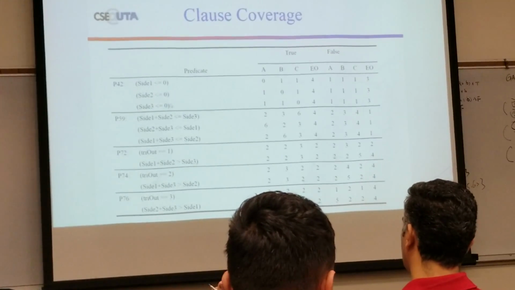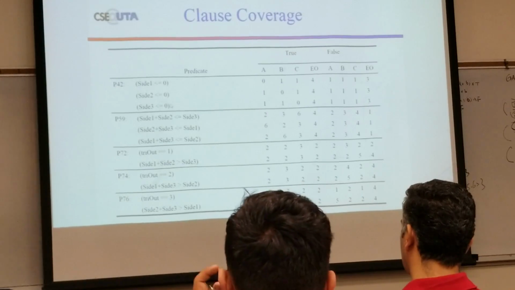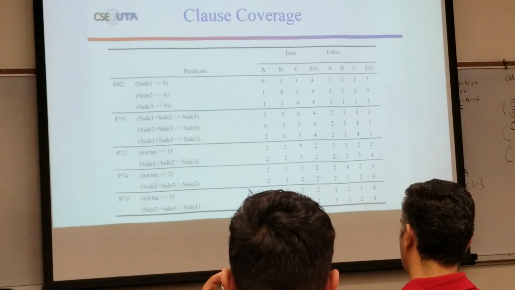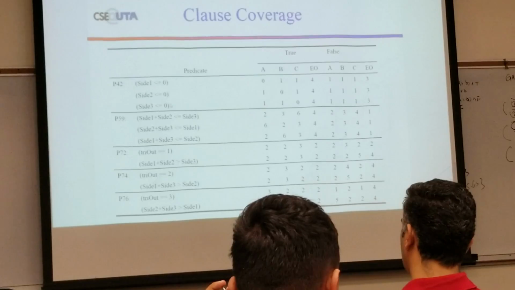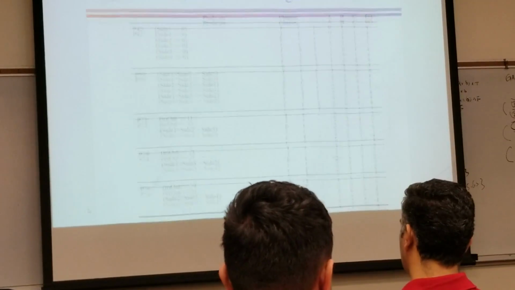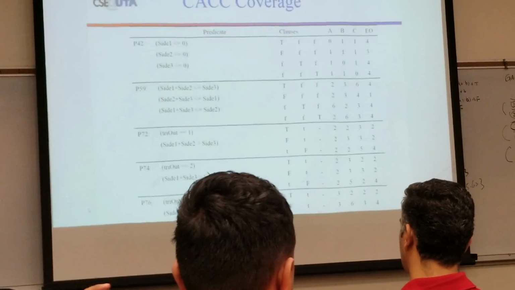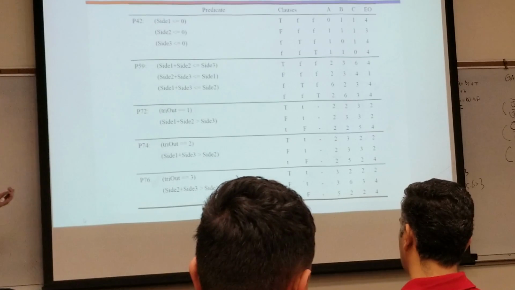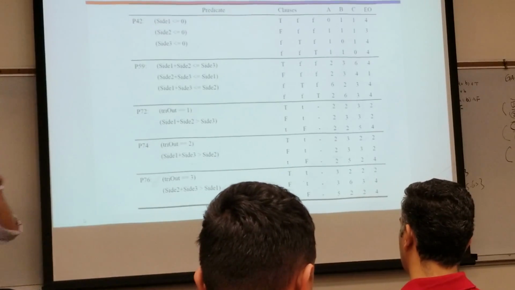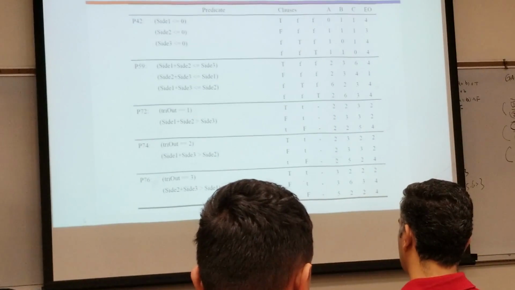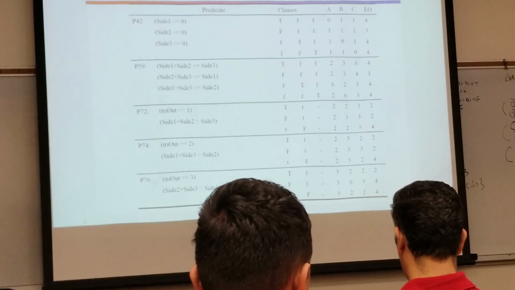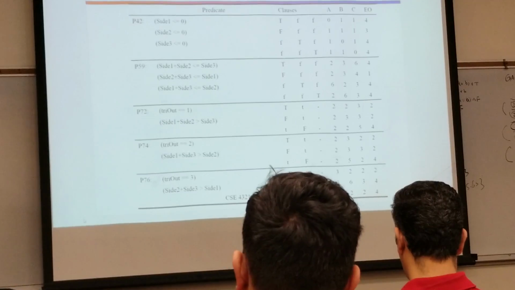If we only have one class, predicate coverage is the same as class coverage. It's a special case. And you can do CACC, you can check. Just do whatever we do, but when you select test cases, you have to check the reachability condition. You have to rewrite internal variables.